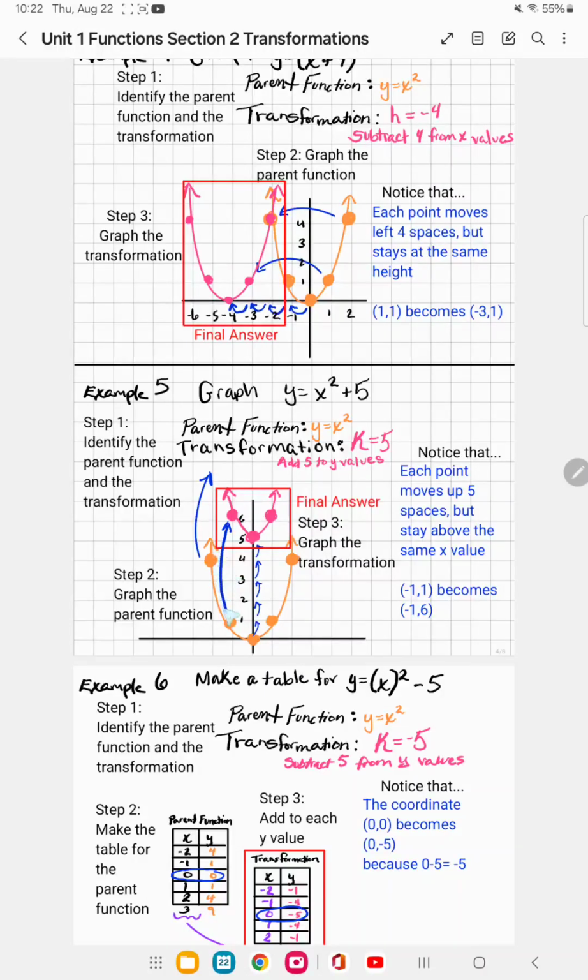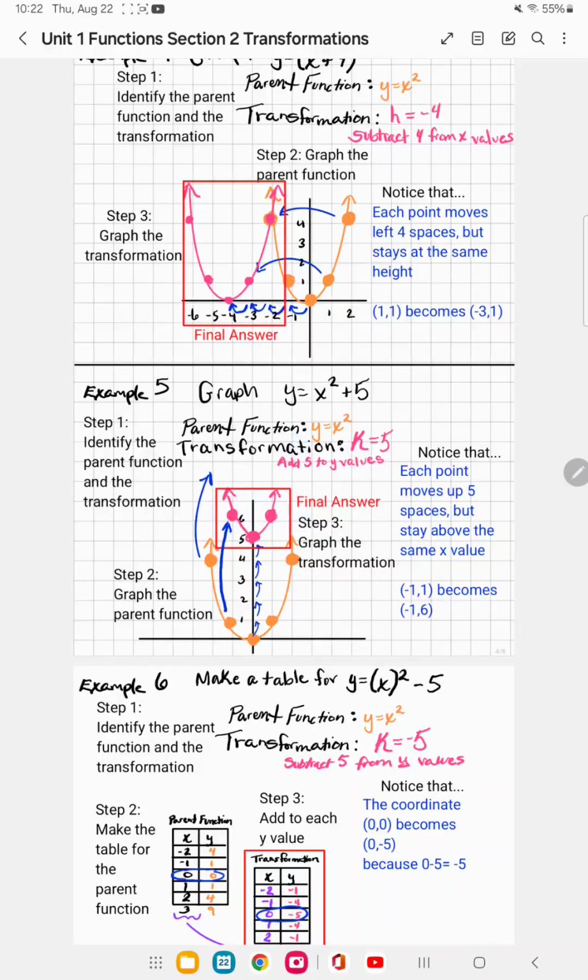So again, we start with the parent function. We need to know what that looks like so that then we can change it by the transformation. And from the parent function, we're going to take the vertex 1, 2, 3, 4, 5 spaces up. So each point moves up 5 spaces, but they stay above the same x value. I'm not moving left or right. I go from here straight up. From here straight up.